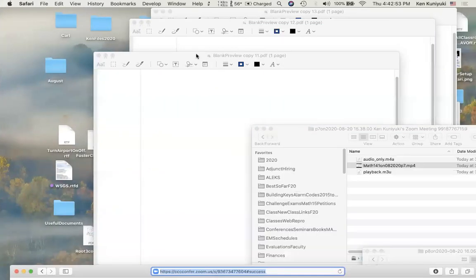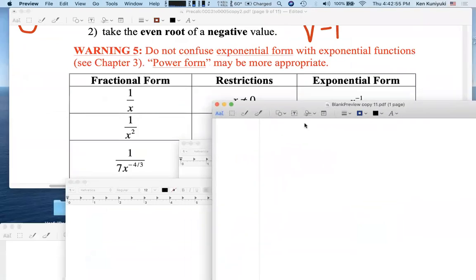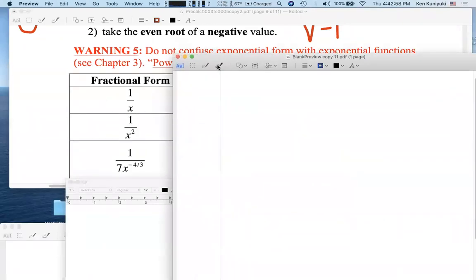In fact, let's actually work it out. So we can split this up as 1/7 times 1 over x to the negative 4/3. So I'm breaking up that fraction into a product of two fractions. The coefficient is 1/7. So bear in mind, the 7 down here does not pop out as a 7.